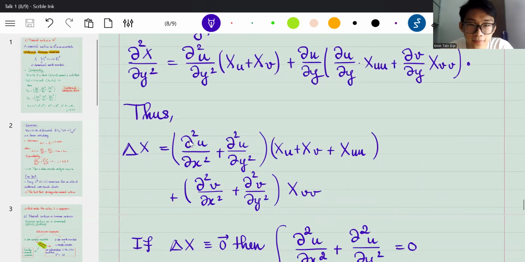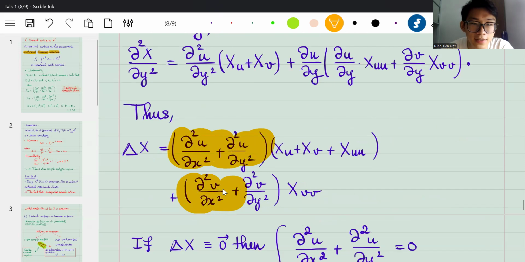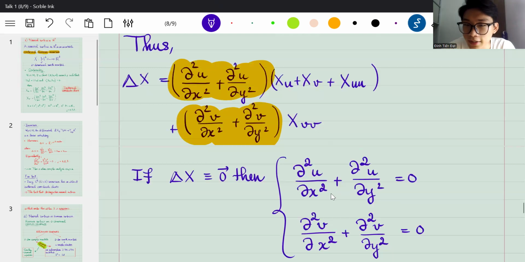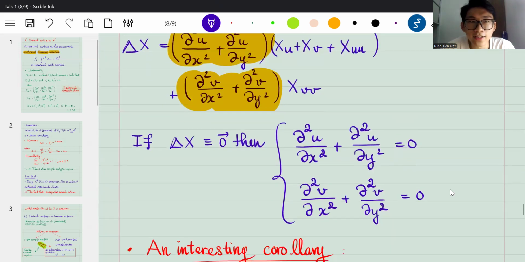Well, we have this, which looks like the Laplace equation of U and V. And so if we require X to be harmonic, then U and V must also be harmonic, which is pretty interesting, I guess, for first learners.